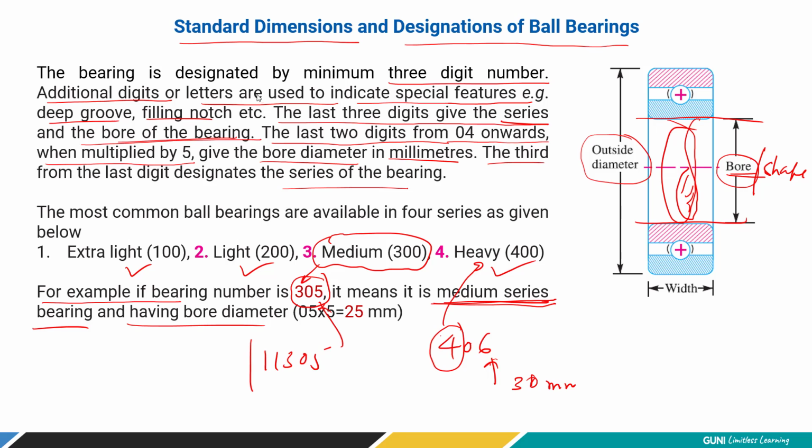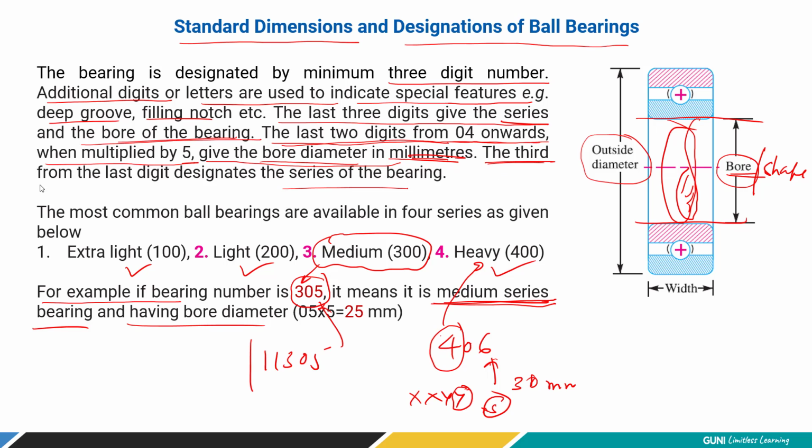Okay, so let's recall the last 3 points. The last 2 digits from 04 onwards, when multiplied by 5, give the bore diameter. So whatever the dimension is, the last digit we have to multiply by 5. Then that will give you the bore diameter in millimeters.